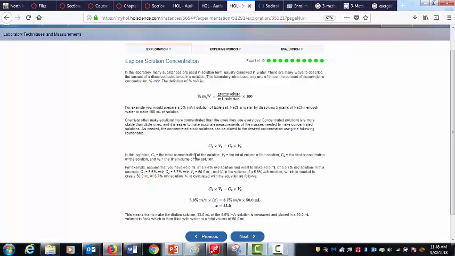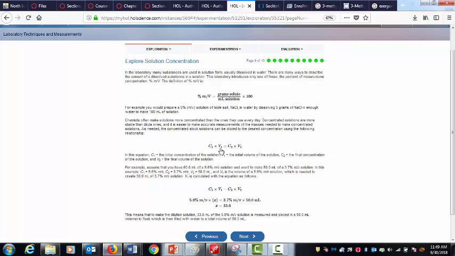Now this equation right here, C1 times V1 equals C2 times V2, that's the equation we're going to use because we're going to dilute a solution. So C1, or concentration 1, is the concentration of the concentrated solution. And then V1 is how much, the volume of that concentrated solution we measure out.